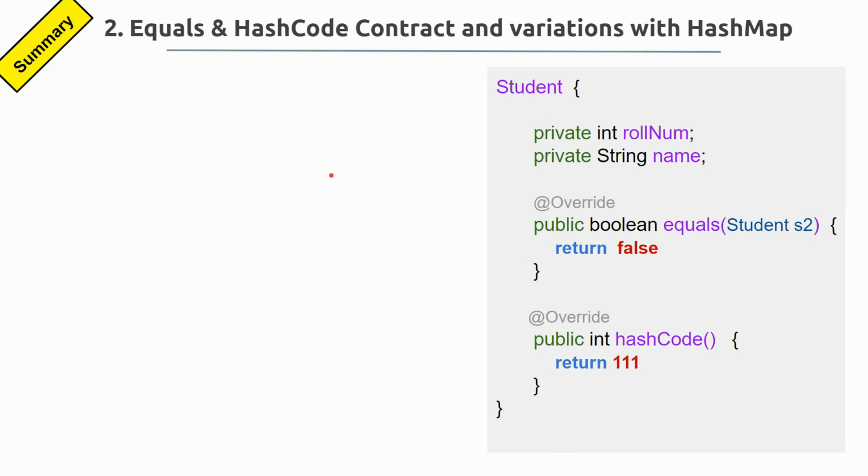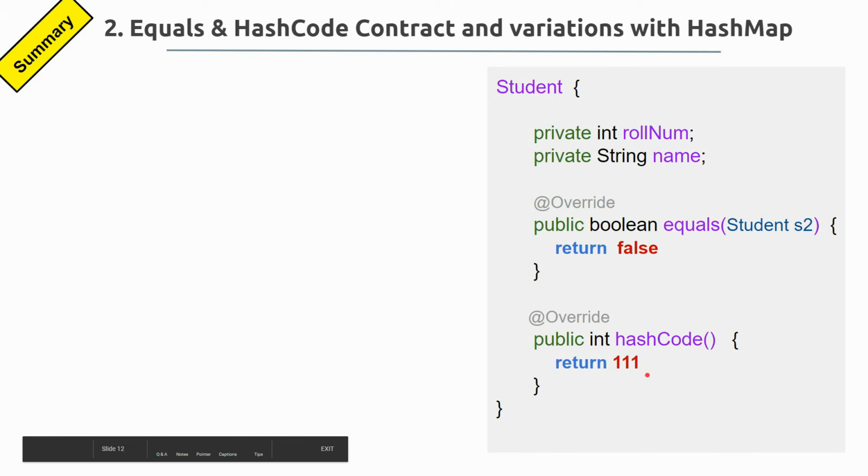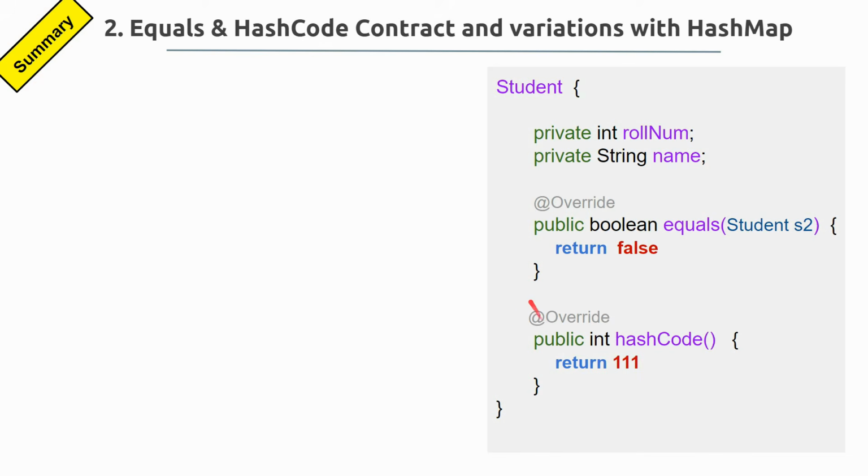So to summarize this interview question: what will happen when we override the equals method and hashcode method in such a way that equals is returning false and hashcode is always returning the same value, and then we try to put student objects into a hashmap, whether they are the same reference or different references?